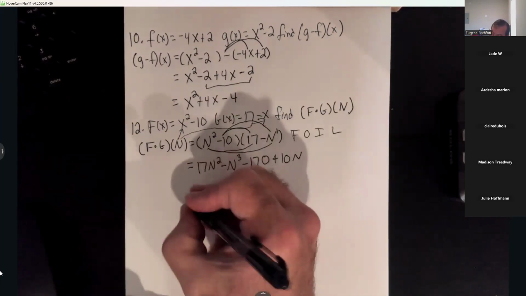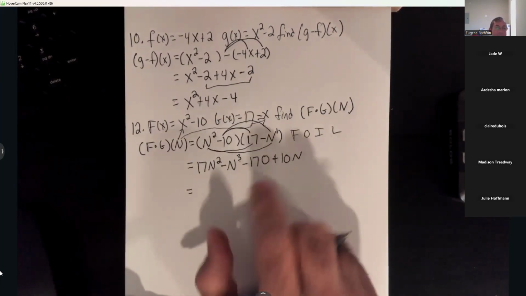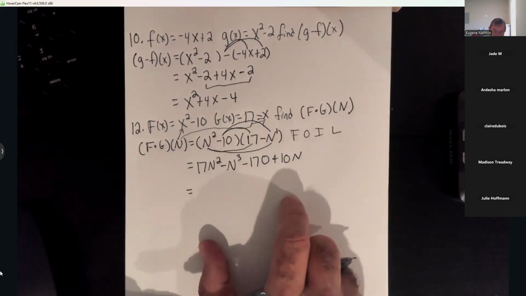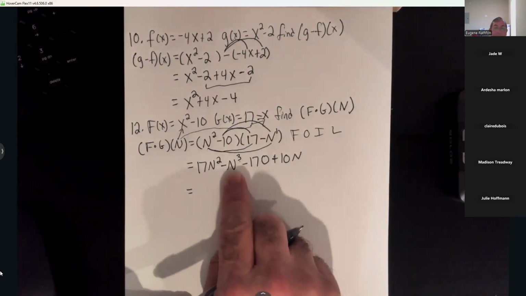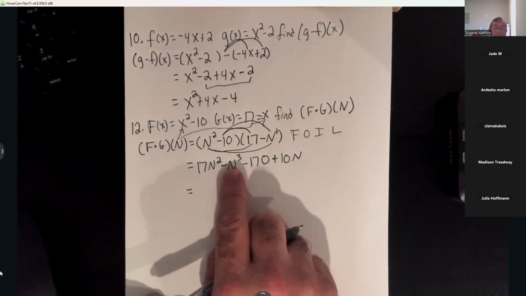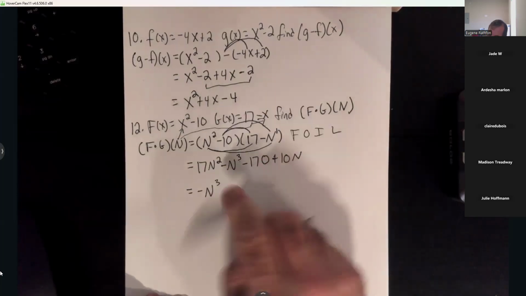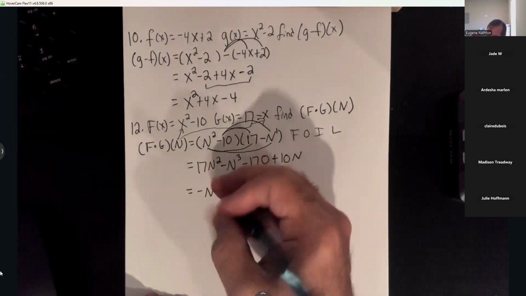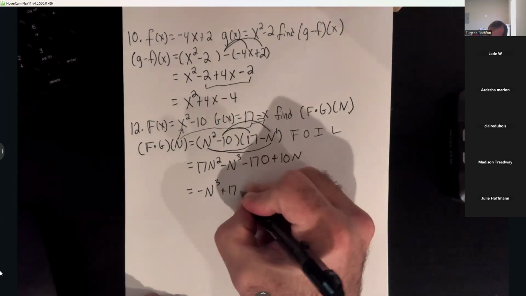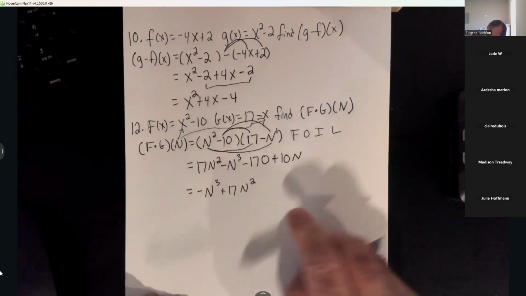Now this one, they'll tell you they want this one definitely in descending order. So the highest exponent is a 3. So I'm going to bring out my negative n cubed. Then I would have this positive 17n squared.